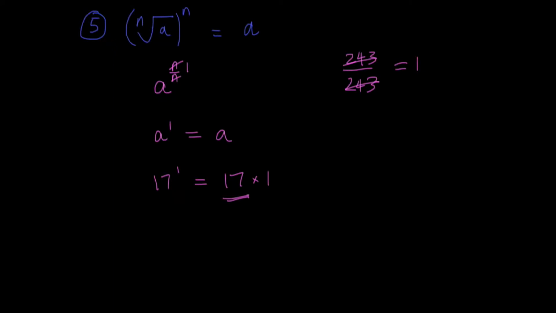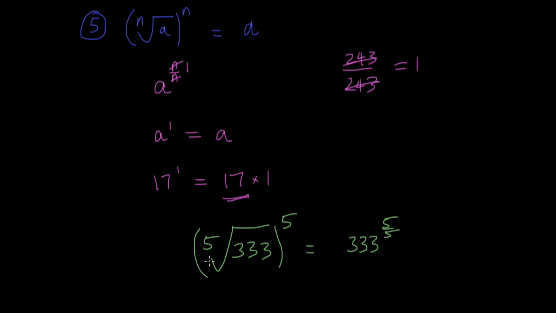Let's look at an example. If I have the 5th root of 333, the whole thing raised to 5, this is the same thing as 333 raised to 5 over 5. So the denominator 5 becomes the root, the 5th root.